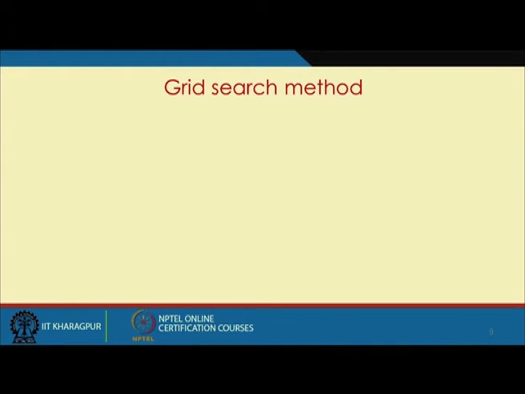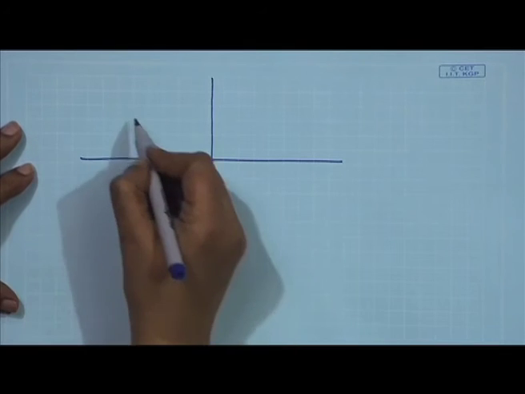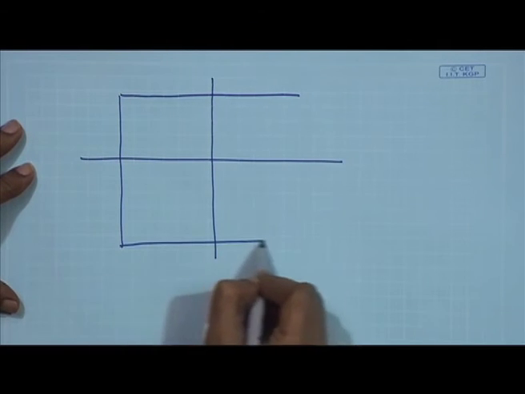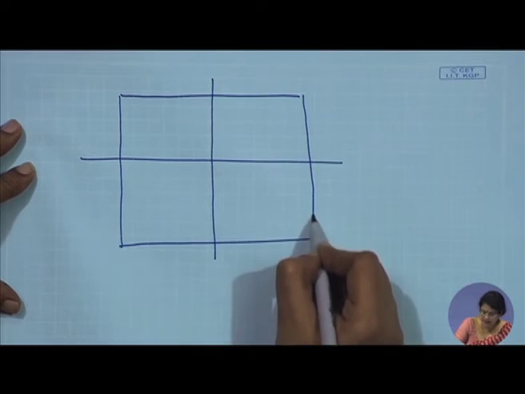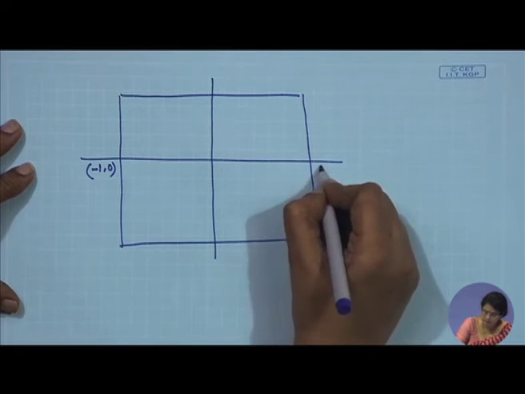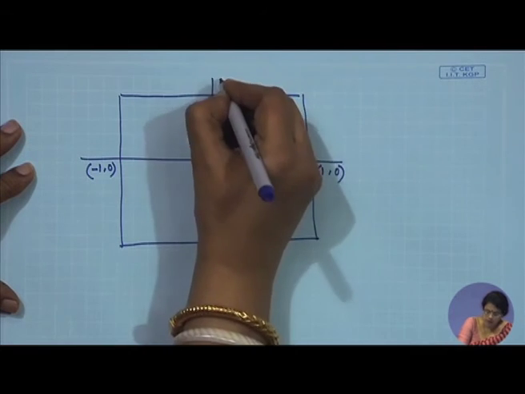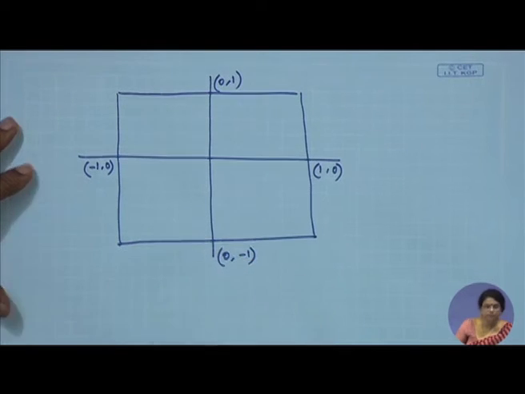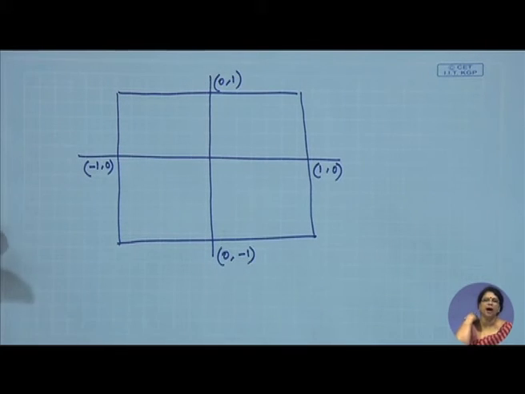Now, this is my domain of definition. I am searching for the minimum within this range: minus 1 to 1 along both axes. What can I do?